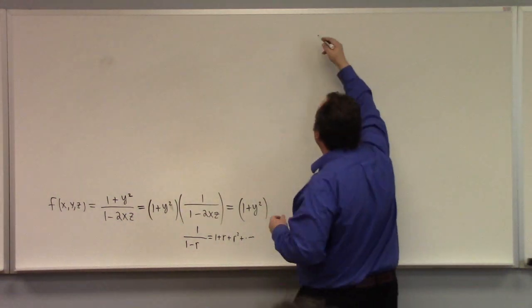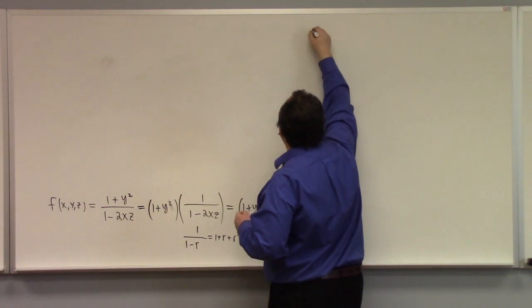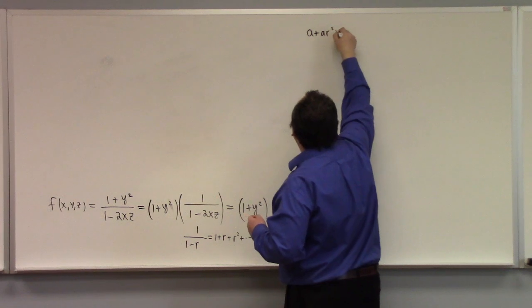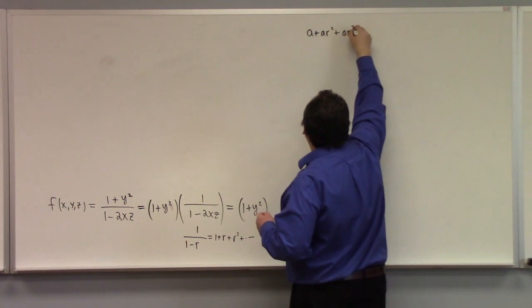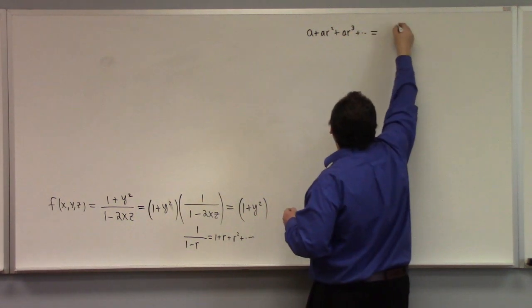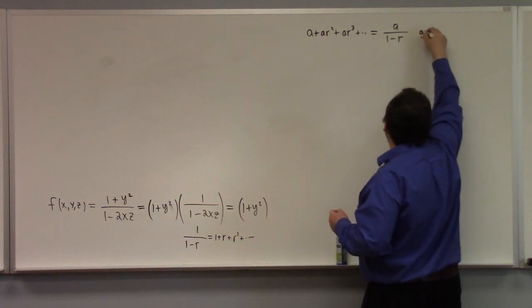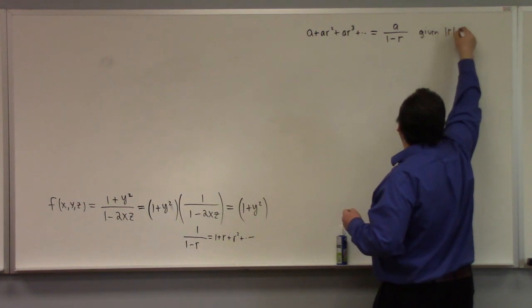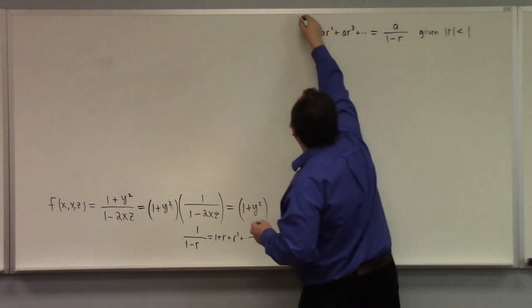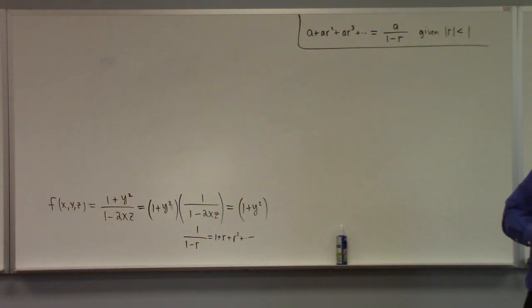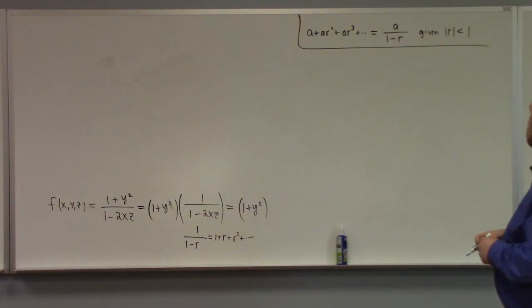So the geometric series, guys, is just if we have a plus ar plus ar squared plus ar cubed plus dot dot dot, that's equal to a over 1 minus r, given that the magnitude of r is less than 1, right? This is the geometric series. Should that end in ar?